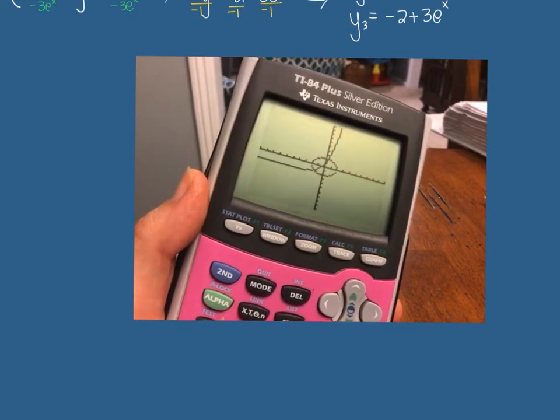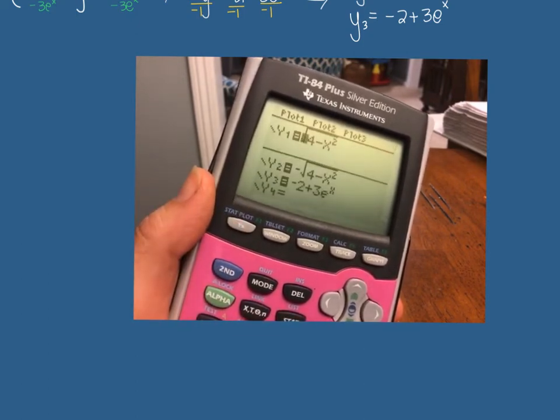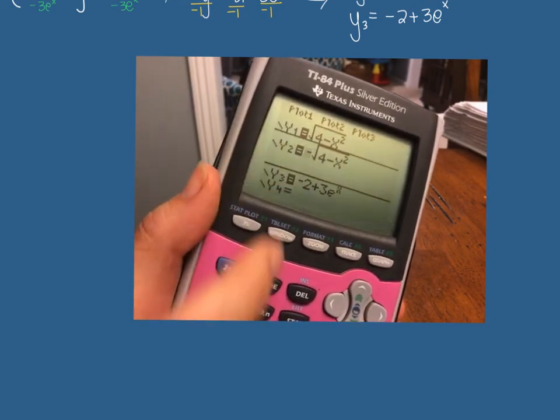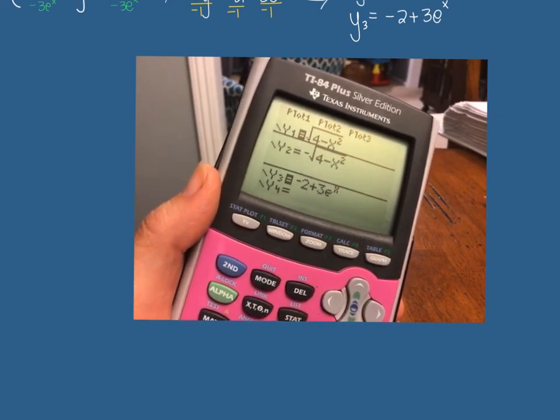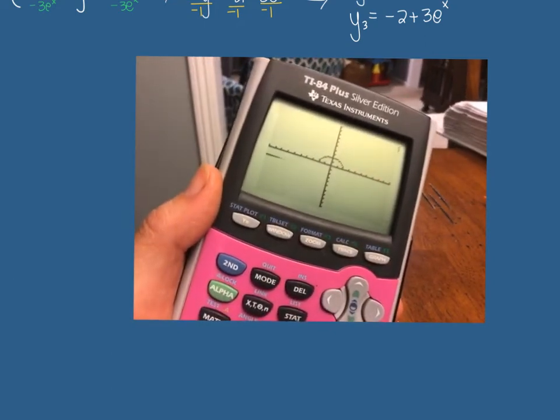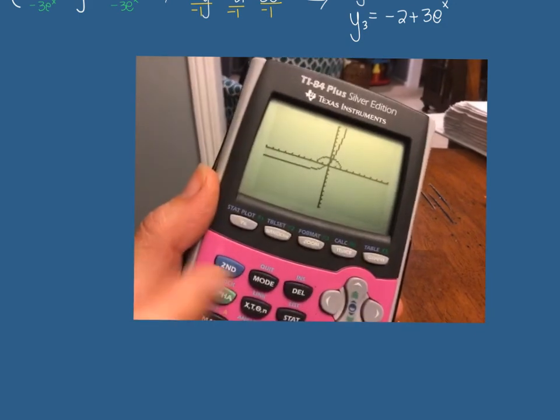All right, now the easiest way I think is for you to do two at a time. I'm going to recommend that for the time being, you go to your Y2 and you just unhighlight it using your Enter key. See how it changed from an equal sign? Now when I look at my graph, it's easier to find the intersection if I'm just doing two at a time. So I'm going to find that top intersection first.